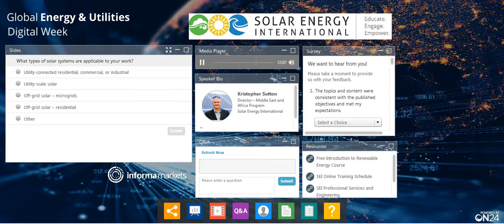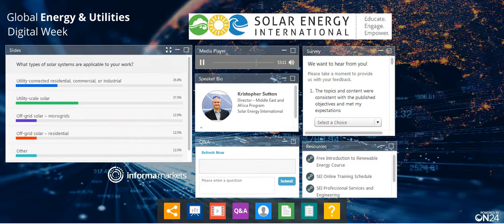And then pull up the answers for those. Great. So it looks like a lot of the folks that are joining us today are looking into some of those large utility scale systems, as well as some of the more diversified systems out there.